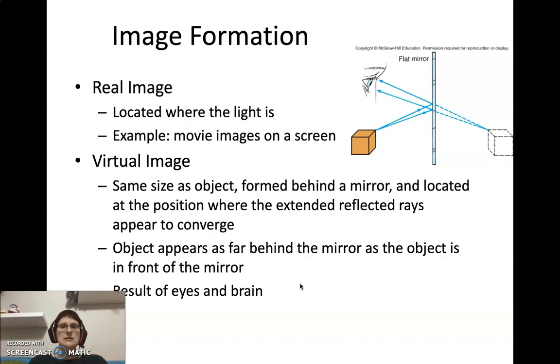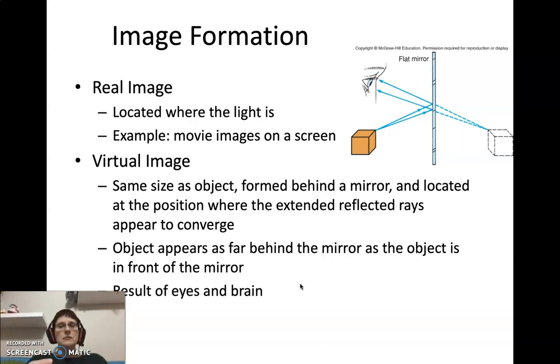And that's the thing, this virtual image, that cube or whatever it is you're seeing in the mirror, isn't actually there. And we know that, but it looks like it is to us. And this is because of our eyes and our brain putting that information together from the reflection of the rays and that flat surface to put that image into that surface for us.